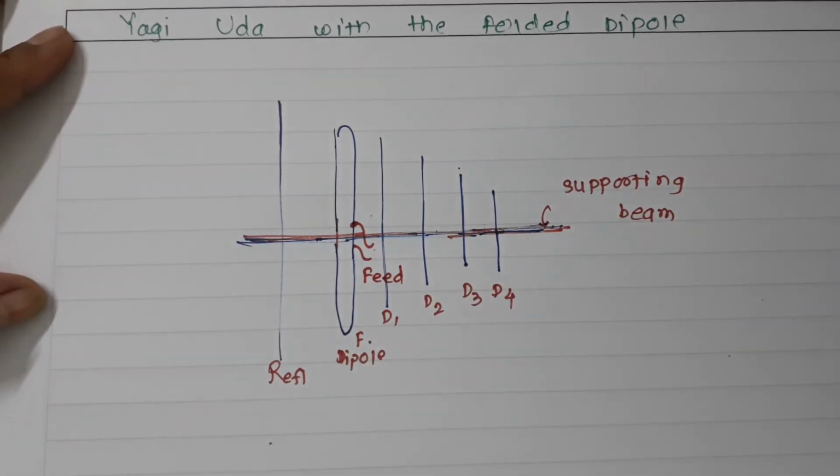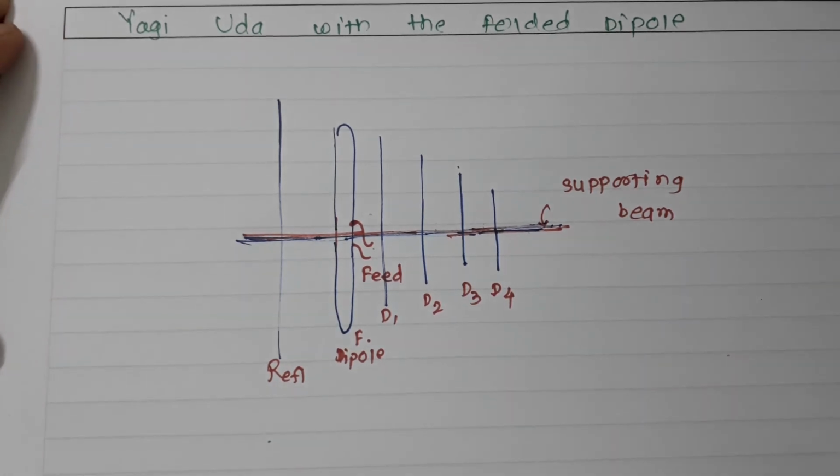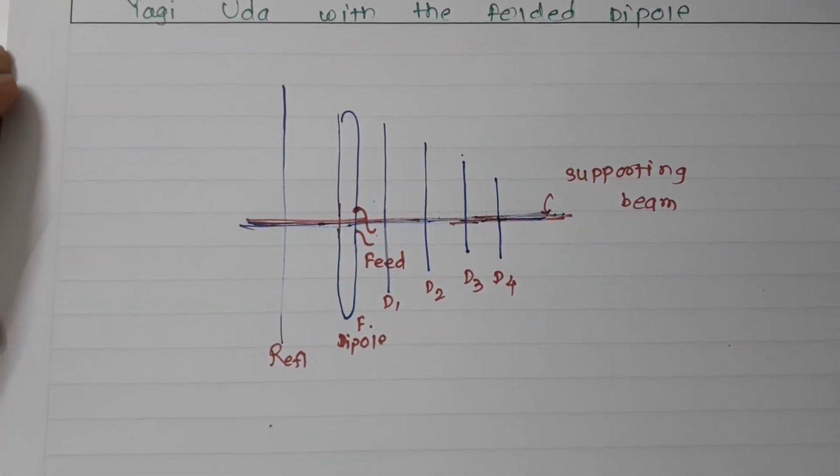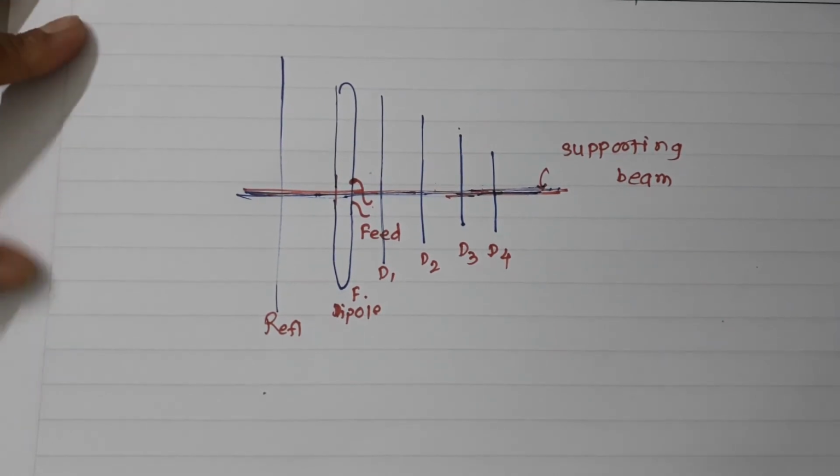Now you can see here you have one driven element and one reflector. What will happen if you use the folded dipole antenna here? Yagi Uda antenna is widely used for television applications. The Yagi Uda antenna which we have seen uses a lambda by 2 dipole as the driven element.